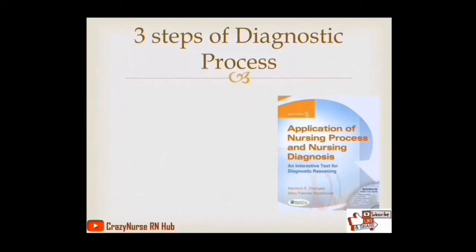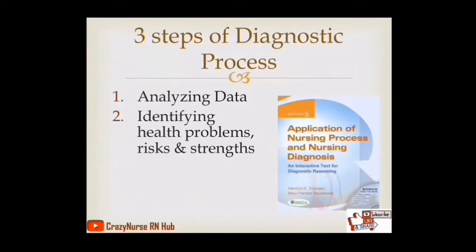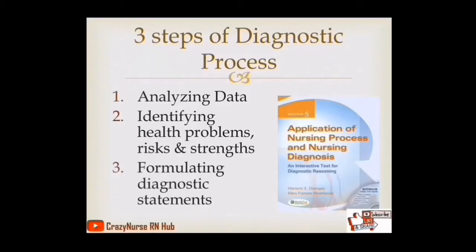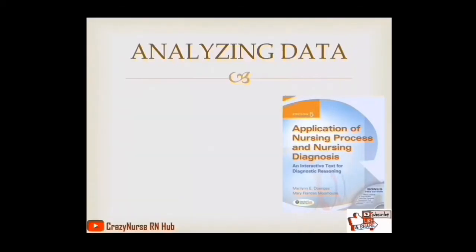So here are the 3 steps of the diagnostic process. First is analyzing data, then identifying health problems, risks, and strengths, and formulating diagnostic statements. First is analyzing data. In the diagnostic process, analyzing involves the following steps.